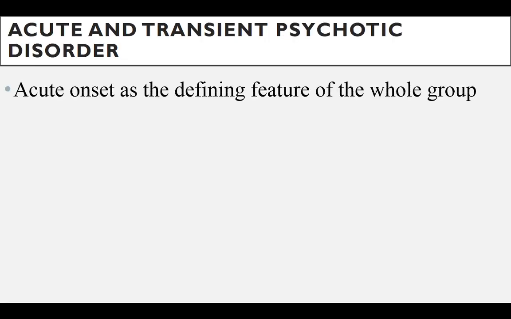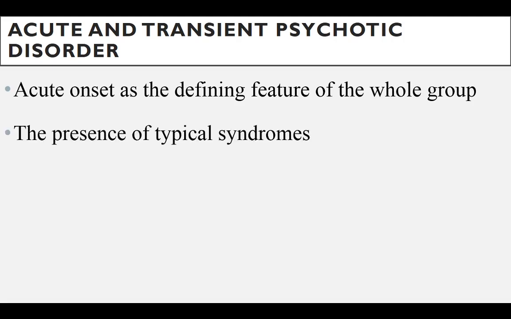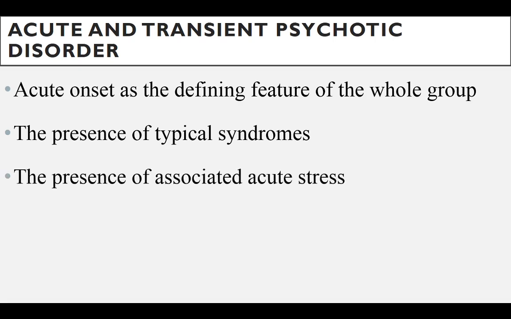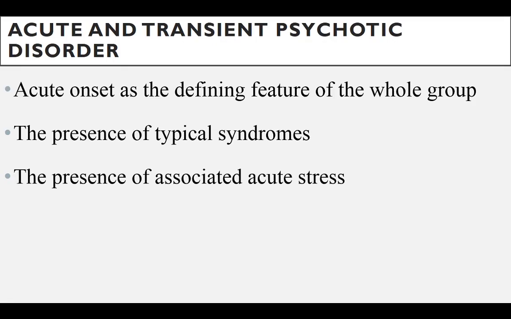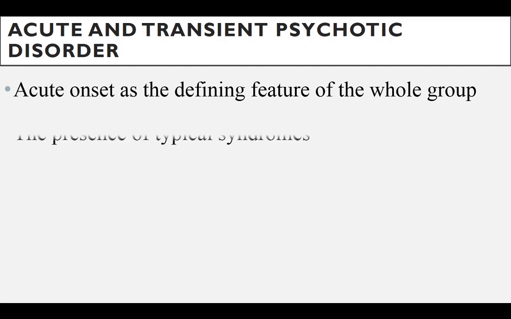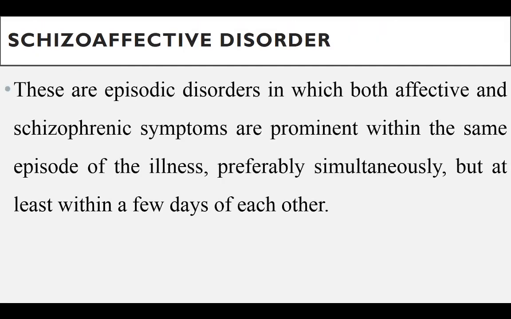Now, acute and transient psychotic disorder. Acute onset is the defining feature of the whole group, along with the presence of a typical syndrome and the presence of associated acute stress. Then schizoaffective disorder.